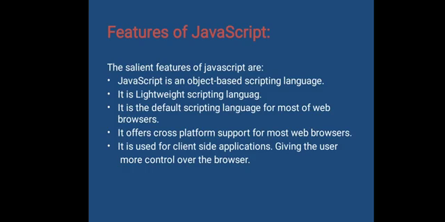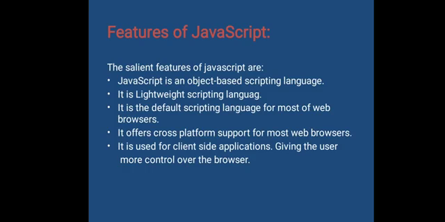Next, it's a lightweight scripting language. Lightweight scripting language in the sense it does not require more memory because it has less data types. Like the JavaScript has only 3 data types: numbers, strings. So here there is no built-in data types like int like C++, Java.